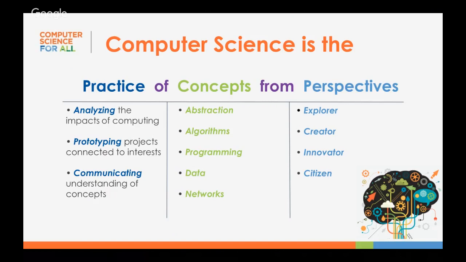Starting off with Explorer, which allows students to just tinker and play. Creator, where they start to build something or remix something. Innovator, where they start to think outside of, well, now I've got these skills and I know how to make something, how do I make something that might not be available, or address specific problems, obstacles, or challenges that they might face? And then Citizen: how do the things that I am creating impact the community around me, whether it's the school, the neighborhood, or the world at large?